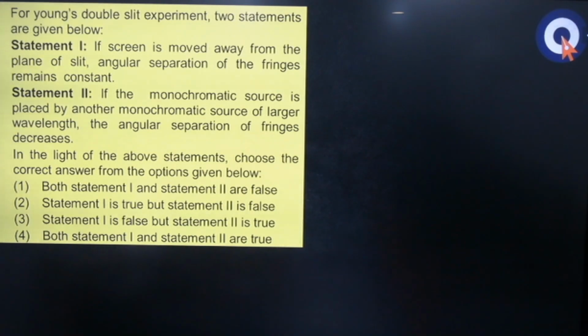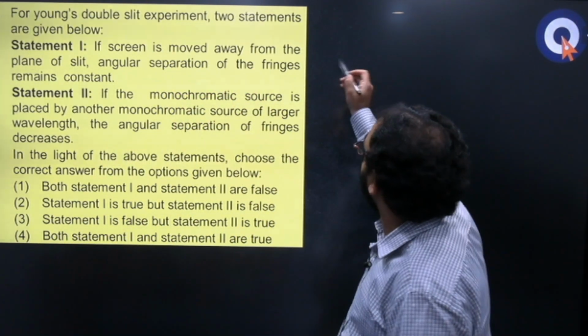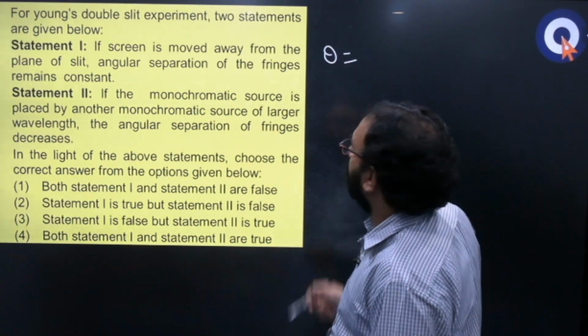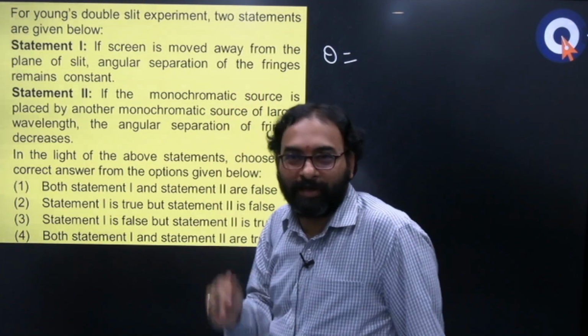So let us conclude this based upon the formula of the angular separation. First statement, let us see angular separation. Frankly, angular separation doesn't depend upon the screen distance actually.